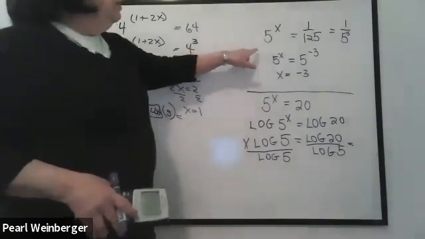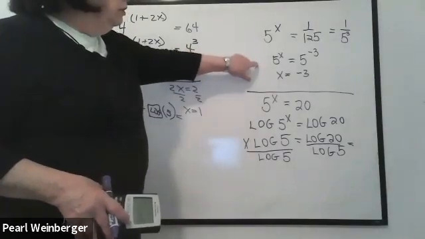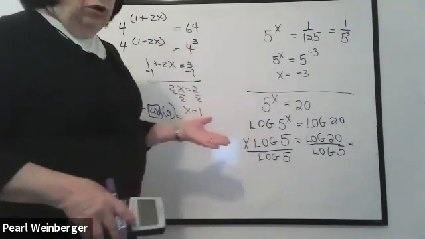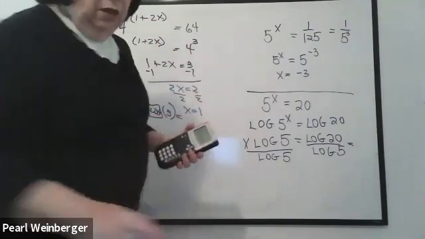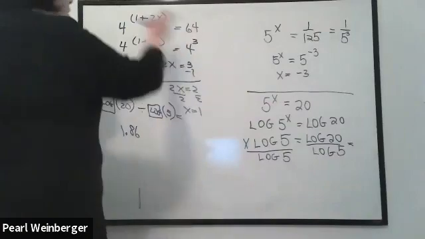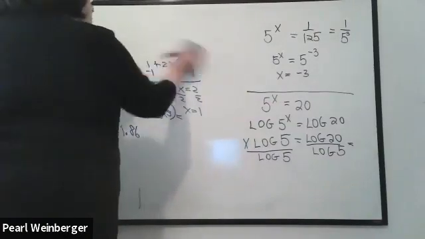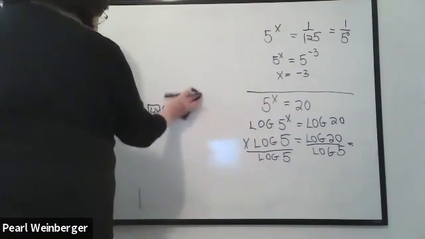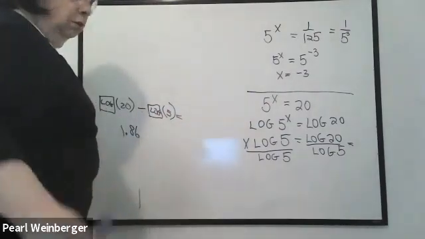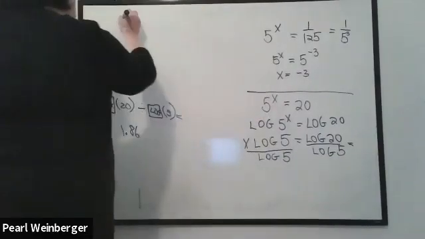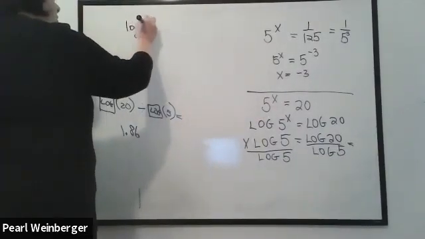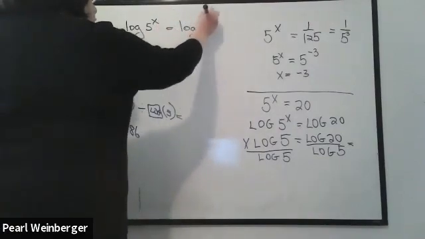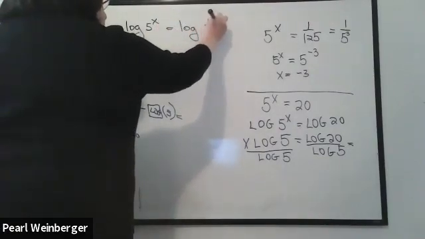Let's say you found the first one difficult to do. Suppose you couldn't figure this out in your head. You could have done it with logs. You could have done it by doing the log of 5 to the x equals the log of 1 over 125.